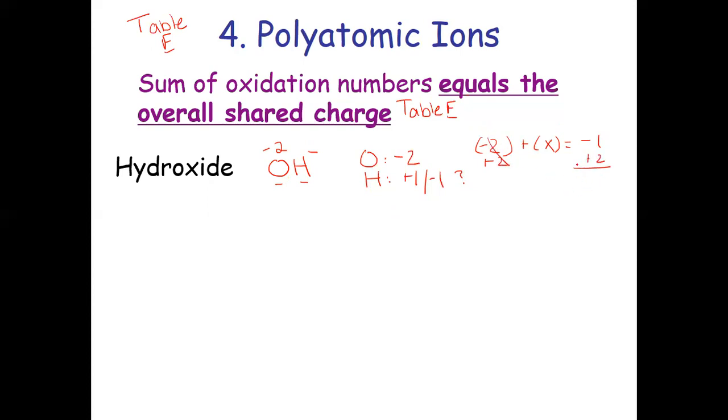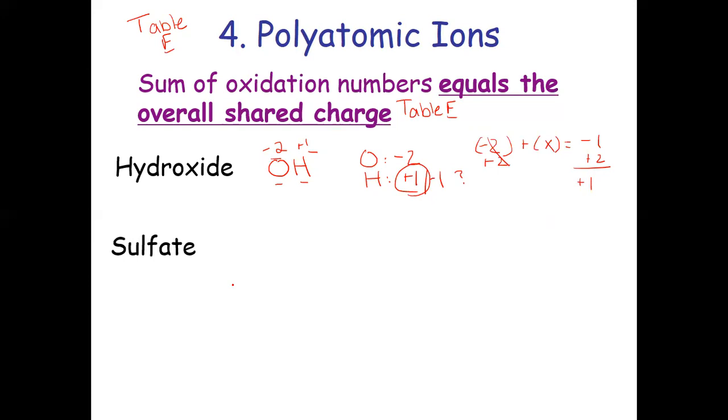So our hydrogen is going to be equal to a +1. So if I have a +1 and a -2 added together, one of each, the overall charge is -1. So our hydrogen is going to be +1, and I used my known charge of oxygen on the periodic table.